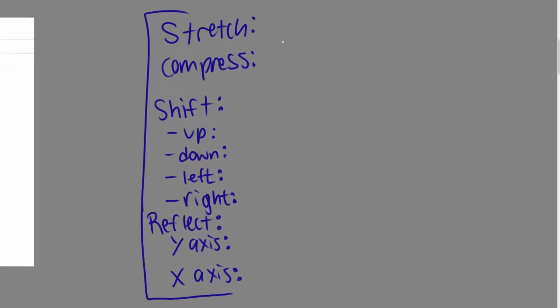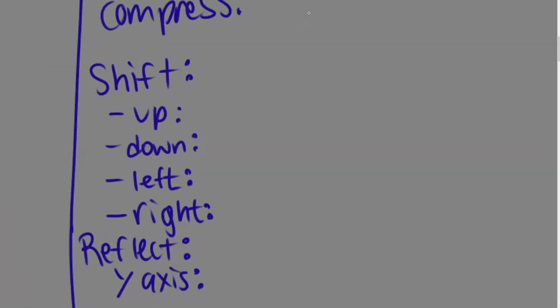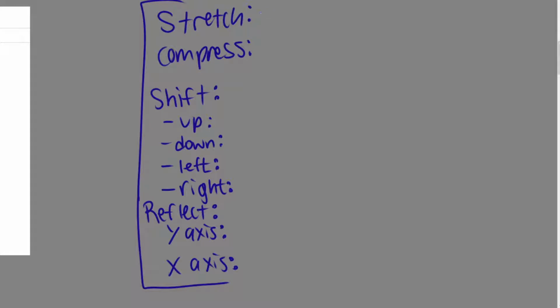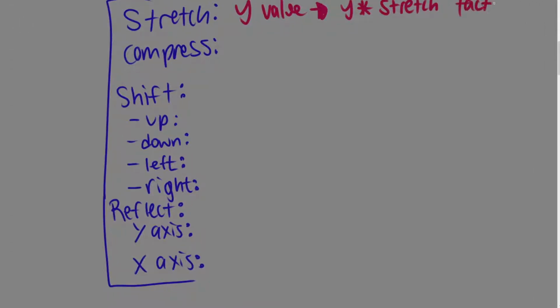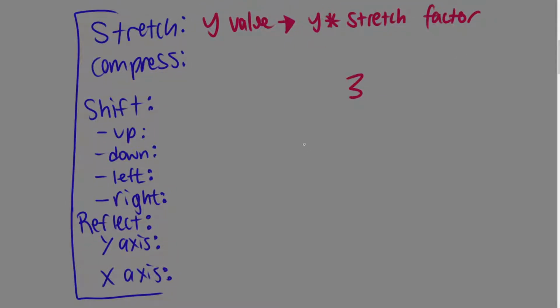When we are talking about stretching, we are really only talking about the y value. What we want to do is multiply our y value times our stretch factor. So if your stretch factor is 3, it will probably look something like 3x.